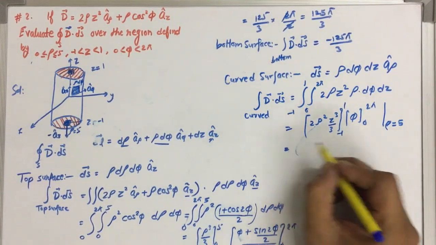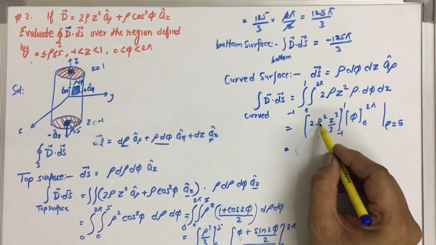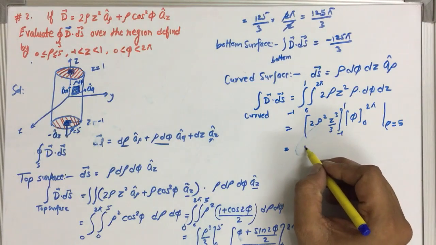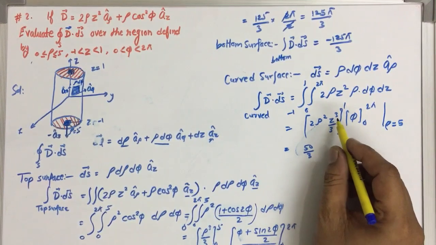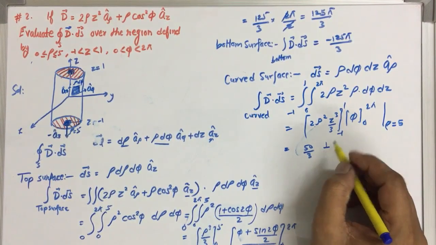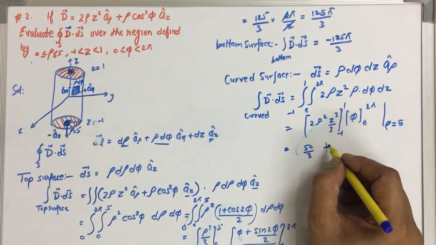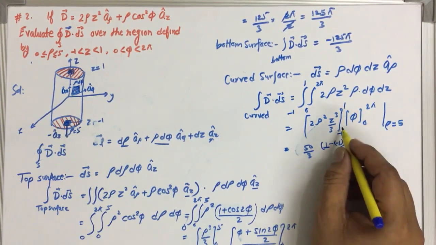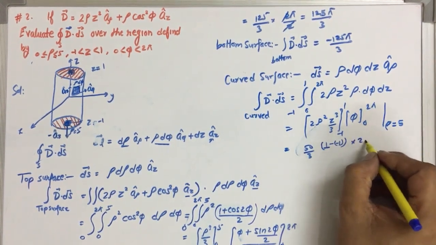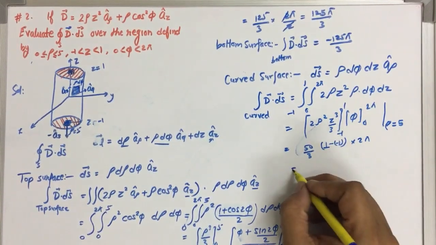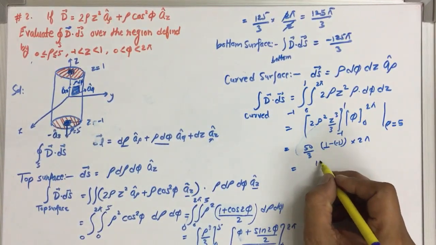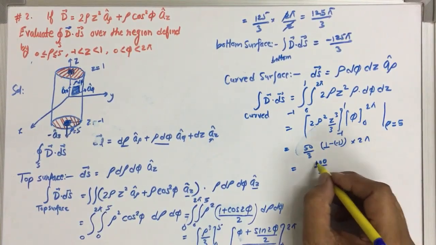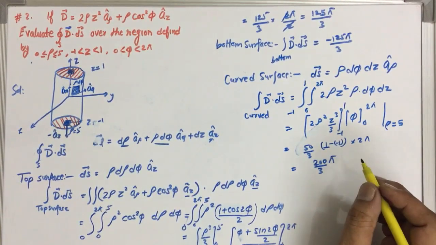Now do it. 5 squared is 25, times 2 is 50, so it will be 50 by 3, times 1 minus minus 1, and it will be 2 pi minus 0. So including all, it will be 200 by 3 pi.